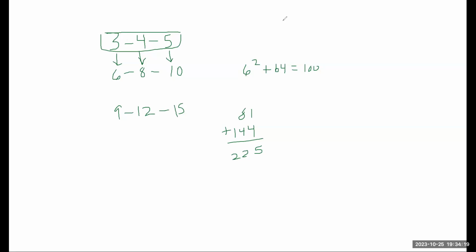So let's go ahead and look at the next one that you have in your notes. You have a 5, 12. If you took 5 and squared it, you'd get 25. If you took 12 and squared it, you get 144. And this adds up to 169.